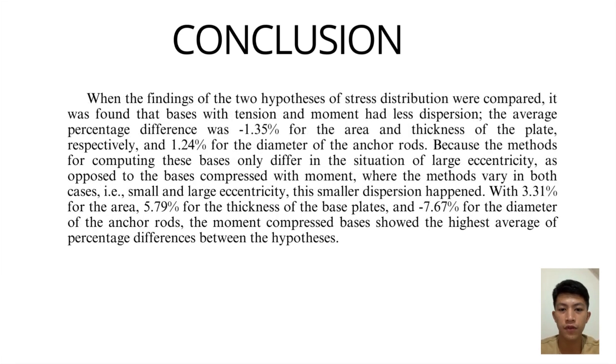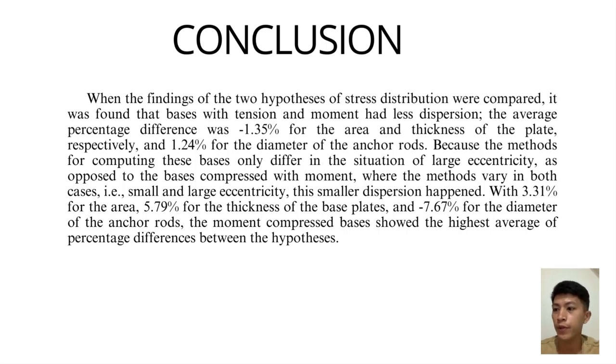When the findings of two hypotheses of stress distribution were compared, it was found that bases with tension and moment had less dispersion. The average percent difference was negative 1.35% for the area and thickness of the plate and 1.24% for the diameter of the anchor rods.